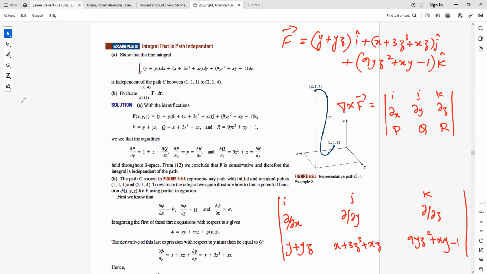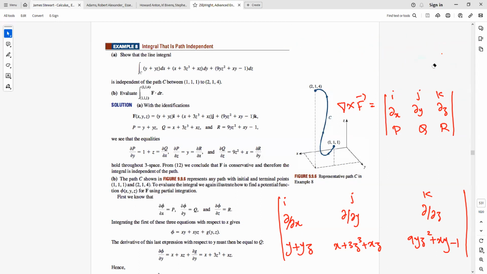Now we have to find the determinant here. Let us just do it here. We have to erase this for some space for computational work.